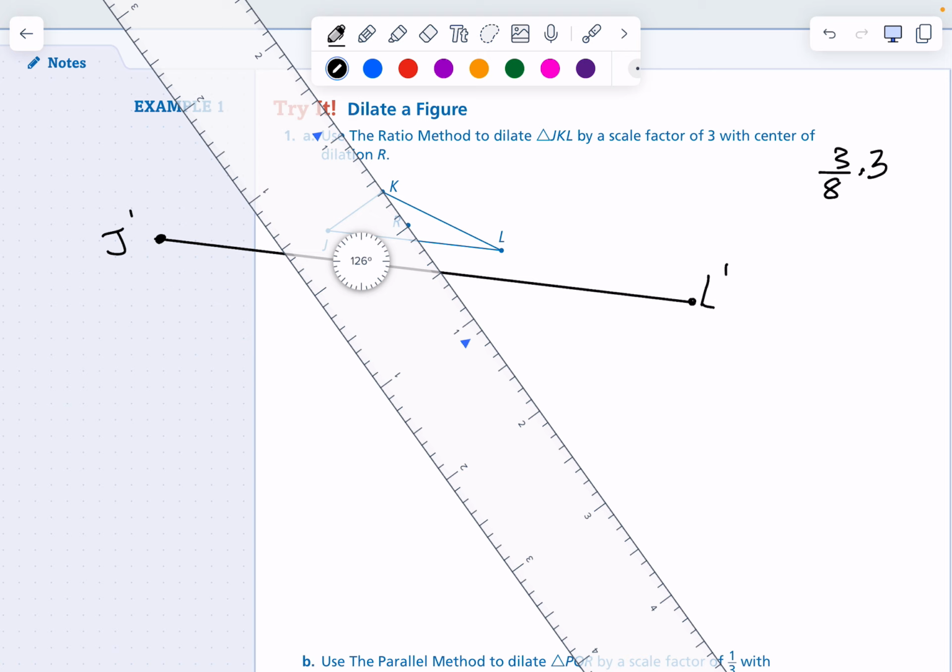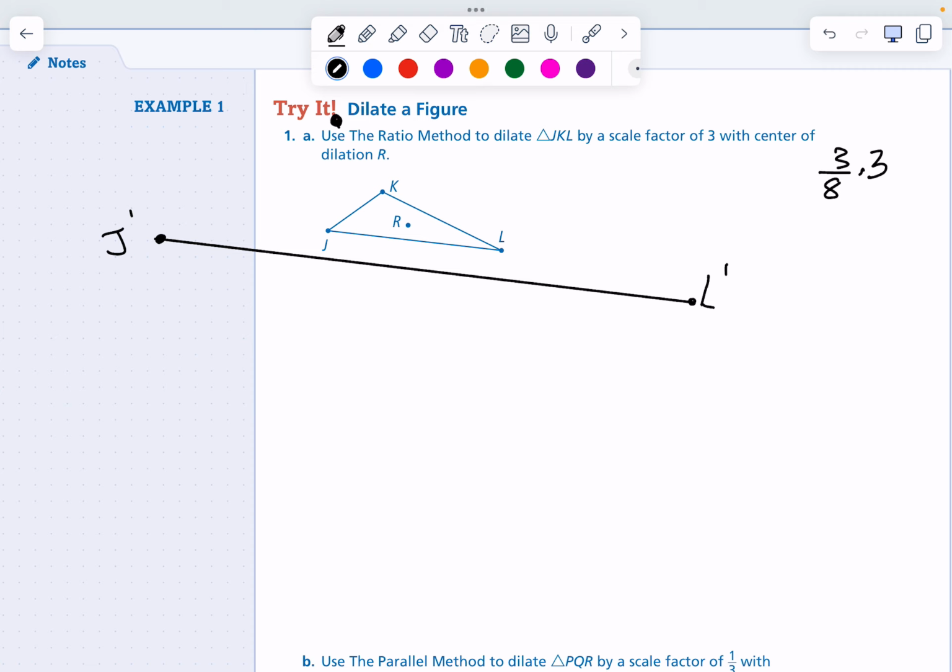All right, so I need to measure 9/8. So I'm showing the orange lines where we measured, okay? First we measured the purple, and then we extended the orange based on what we needed to measure. So we've dilated this by 3.